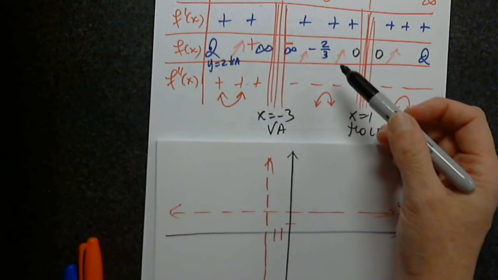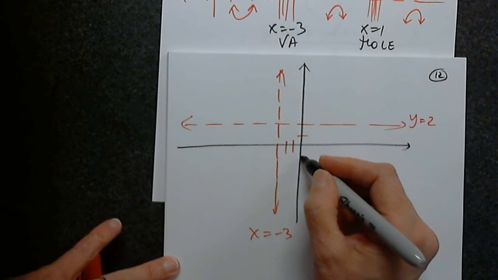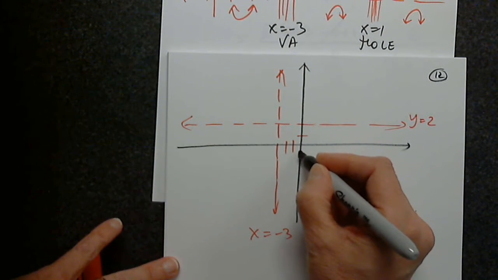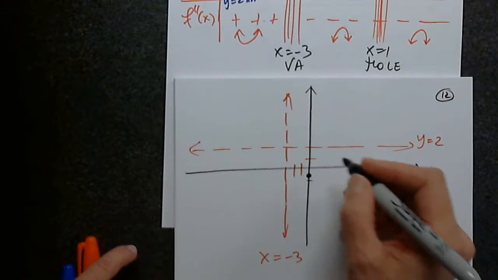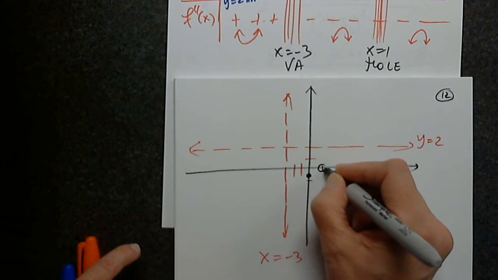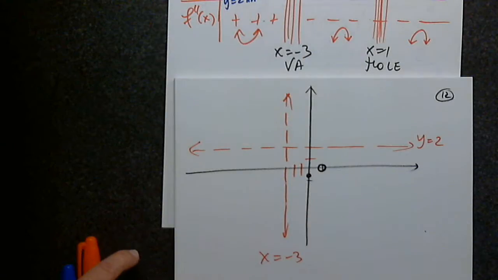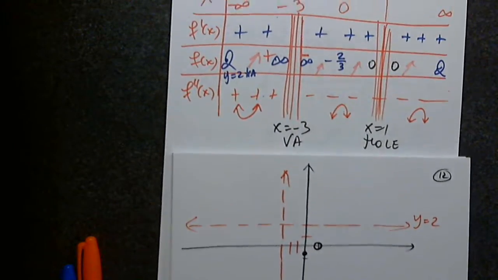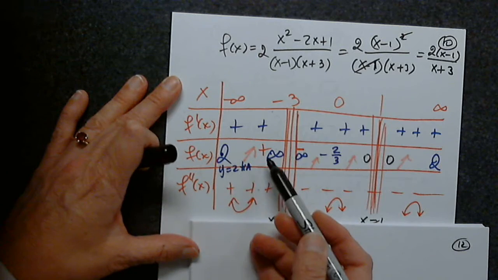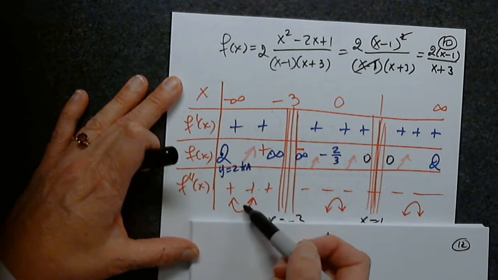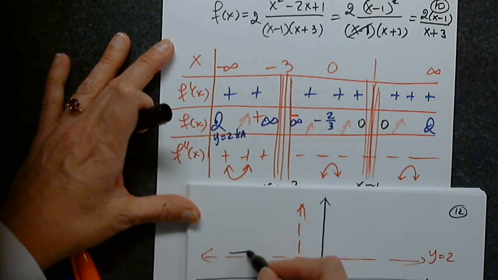Okay, so now I'm going to plot what I have. I have 0, -2/3. I have 1, 0, but it's an open point. On this side, from 2 it goes to infinity, opening upward. It can be easier than that.